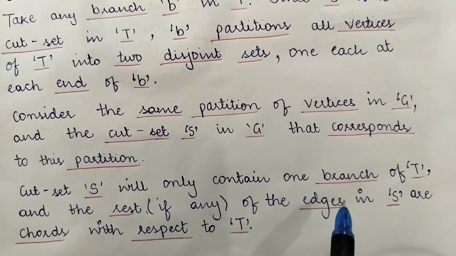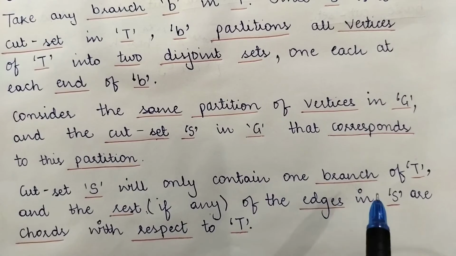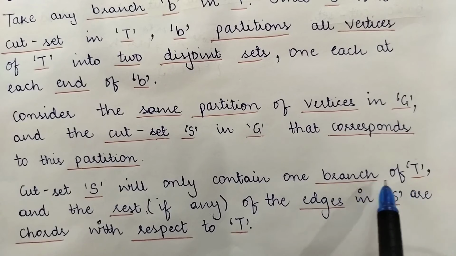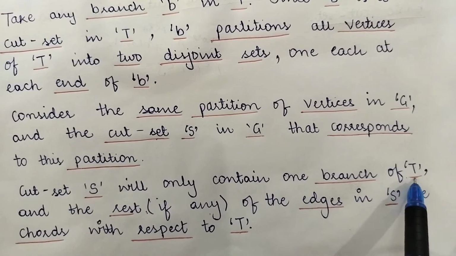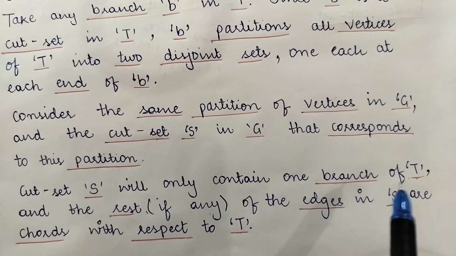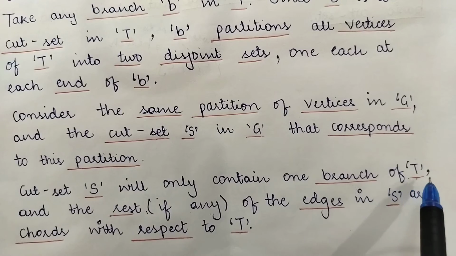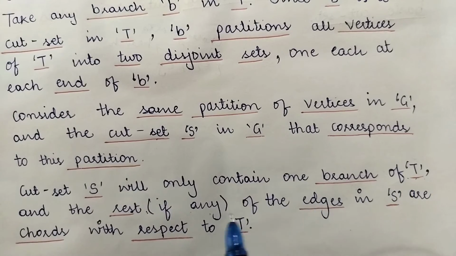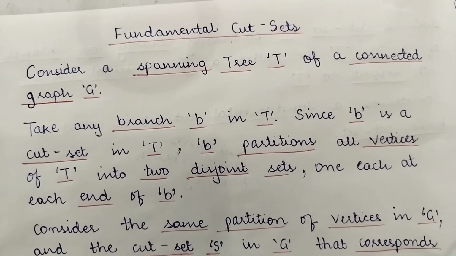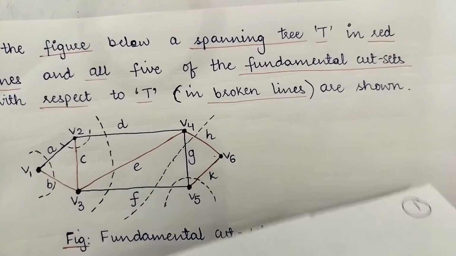So the fundamental cut set, very simple funda, involves a collection of edges wherein there is exactly one branch of the spanning tree T and the rest are the edges of the connected graph which are not included in the spanning tree. So one branch of the spanning tree and the rest all chords with respect to the spanning tree. This is the concept of fundamental cut sets.